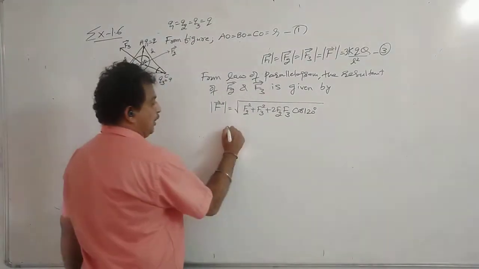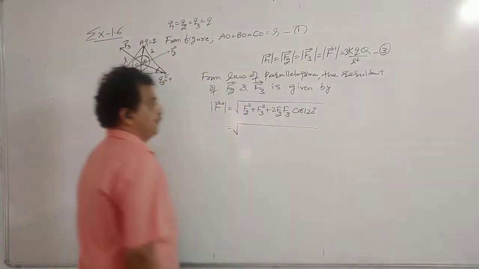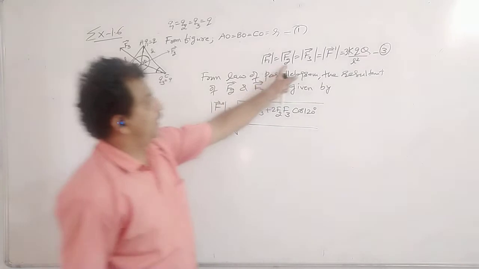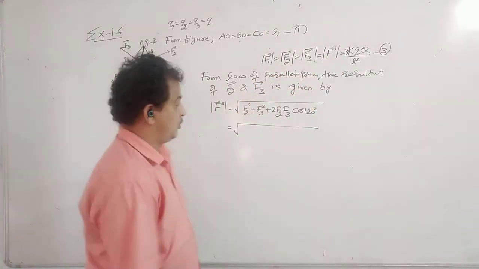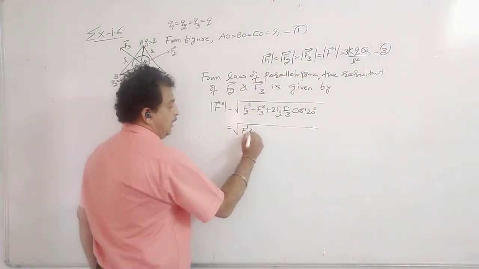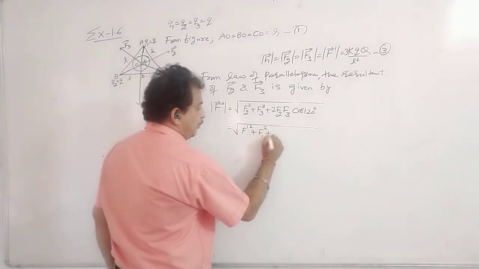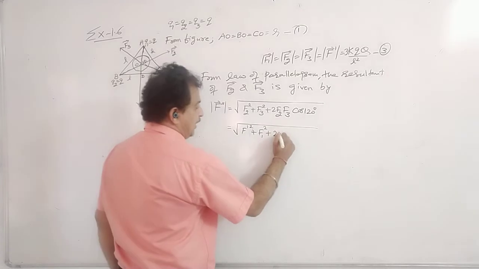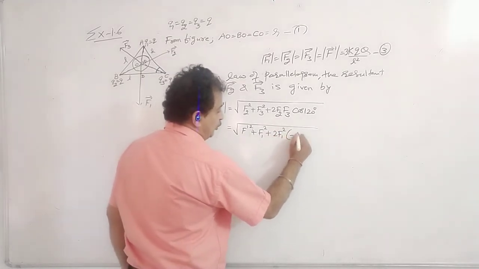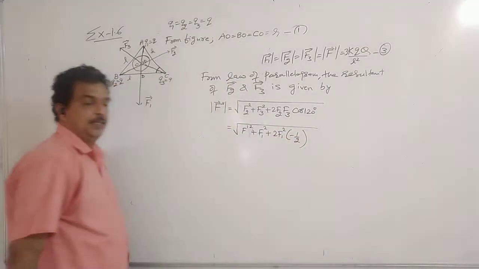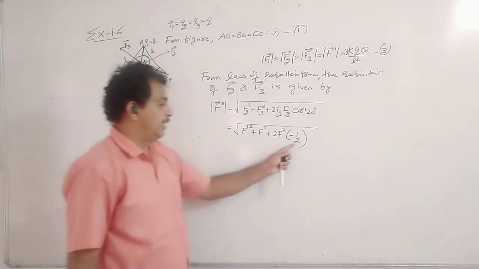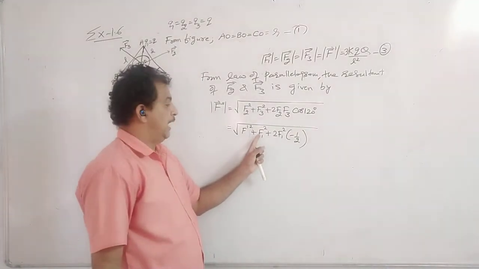Now this is equal to under root, now F2 F3 magnitude is taken as F dash. So F dash square plus again F dash square plus F dash square, cos 120 is minus half. So cos 120 is minus half. So 2 can cancel.